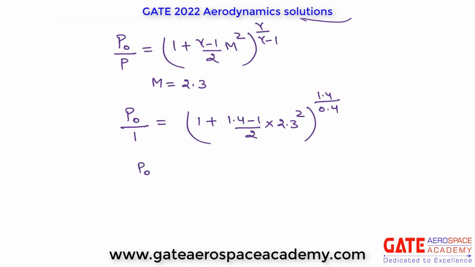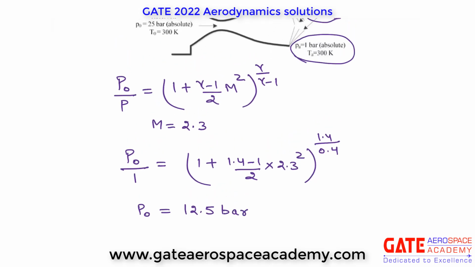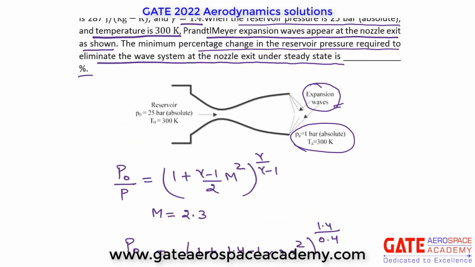So we will get P naught is equal to 12.5 bar. If reservoir pressure will be 12.5 bar here, then it will be perfectly expanded and there will not be any expansion wave at the exit. Correct?